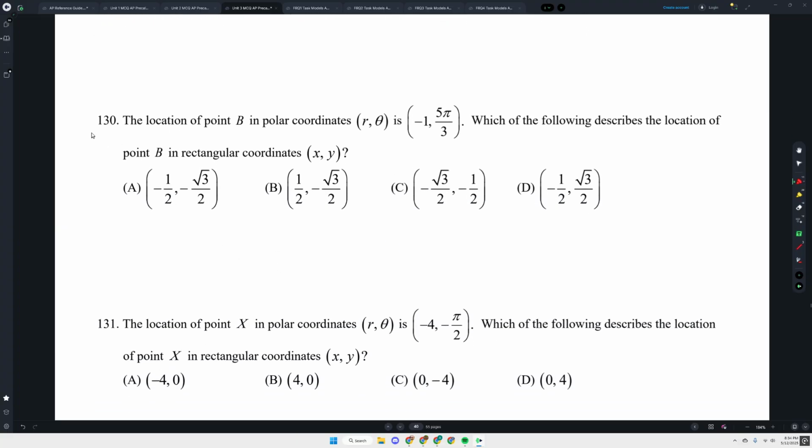Let's try this. 130. There's a lot of acronyms for all students take, like the ASTC: all are positive, sine is positive, tan is positive, and cosine is positive.